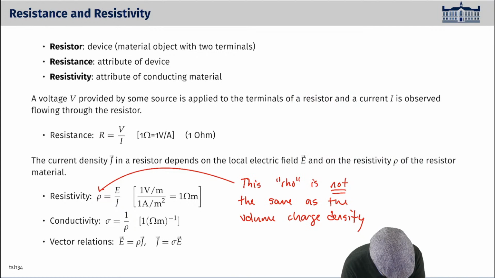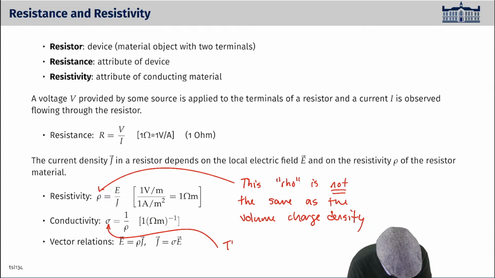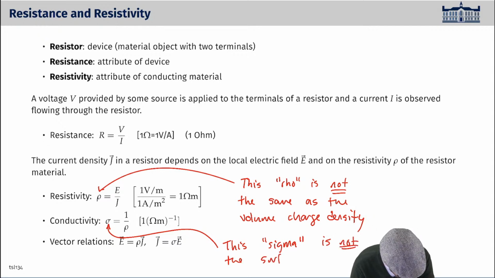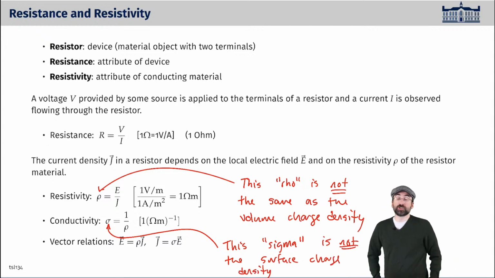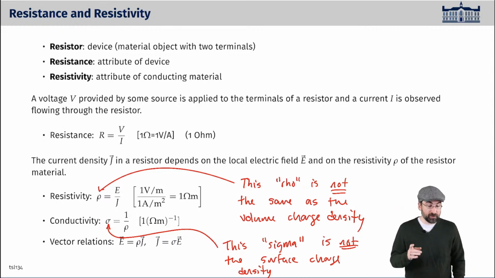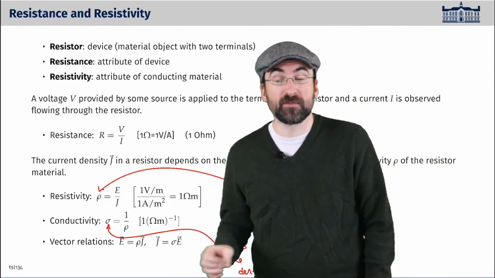So similarly, this sigma is not the surface charge density. We reuse these symbols here, and so you have to keep them straight in your mind. You have to be very careful that you're not mixing them up because they're very different things.